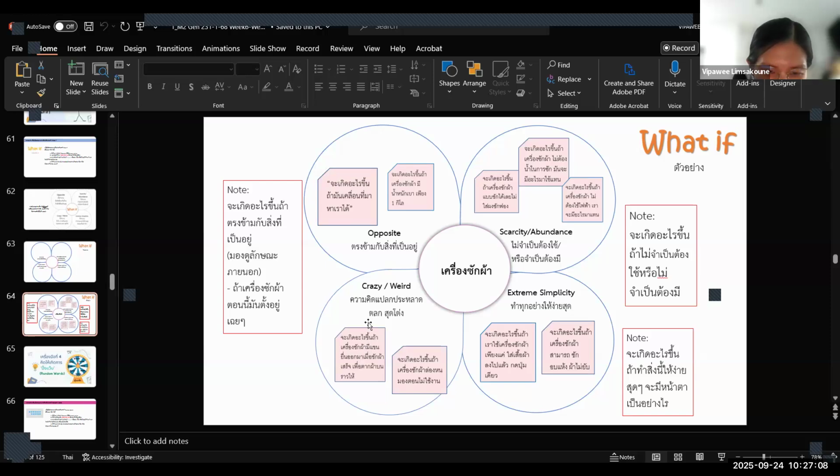Last one. How about the washing machine has a robot arm, and after it finishes, it can remove the clothes and hang them? So I don't need to hang the clothes. I like this one. I want one. So these are some examples of how we use the what if tools to come up with ideas and record our thoughts.